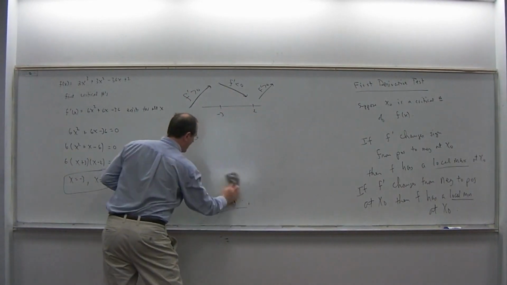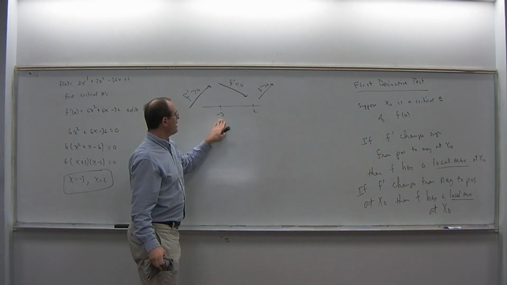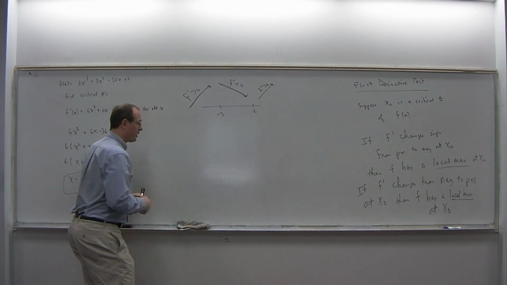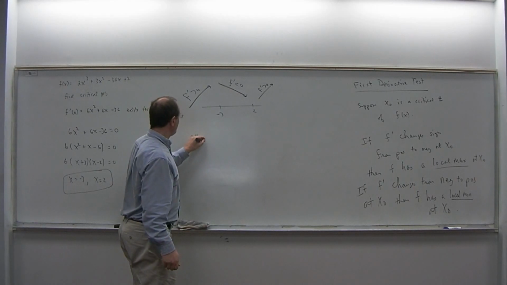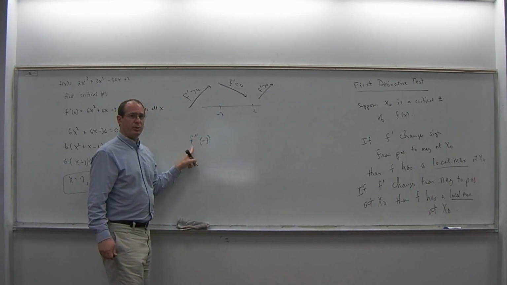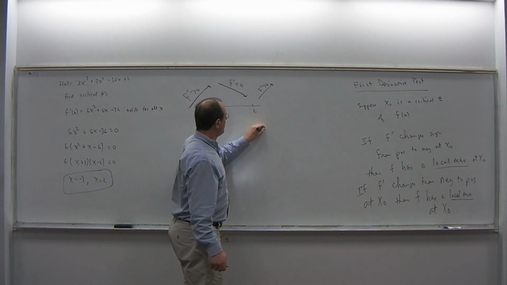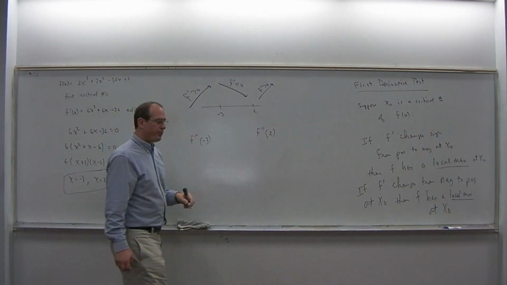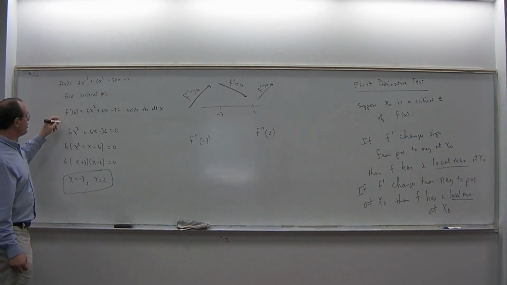So we'll look at this exact same example. We have our critical numbers, -3 and 2. Another way to find the local max is to simply take the second derivative at that point, to examine the second derivative. So what is f double prime of -3 and what is f double prime of 2? Well, we didn't calculate f double prime yet, so let's do that.